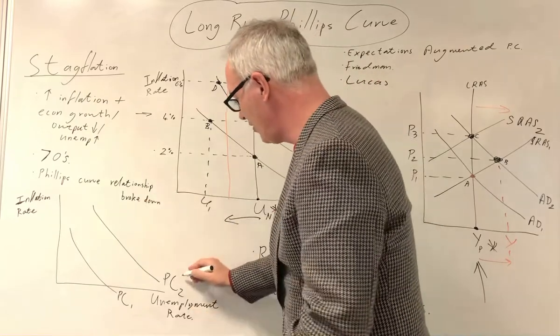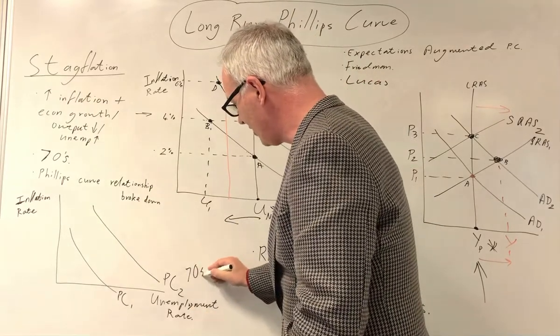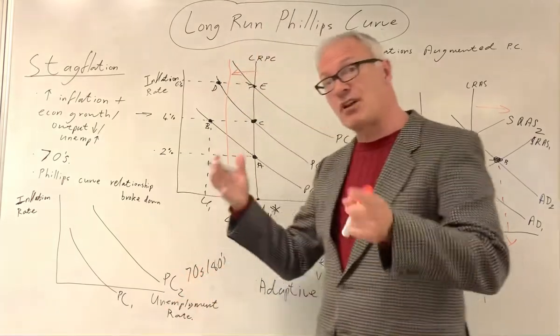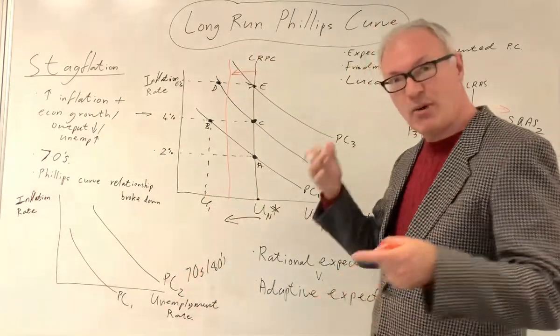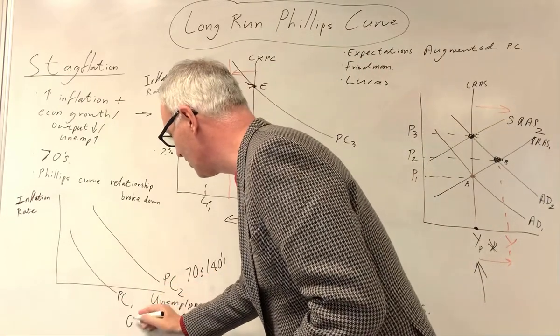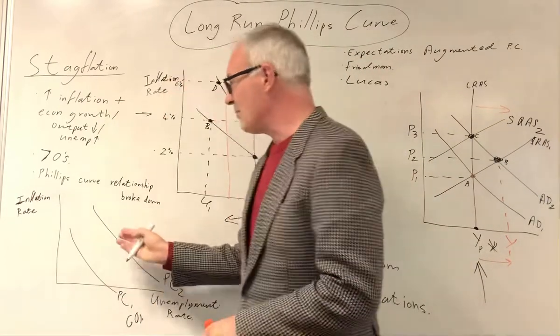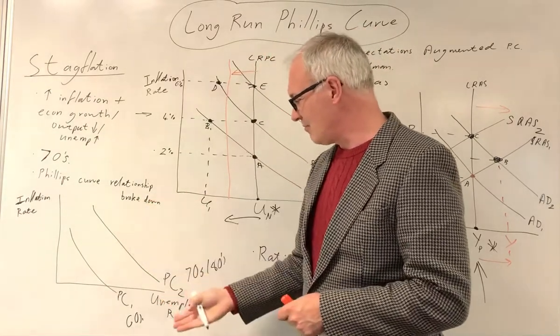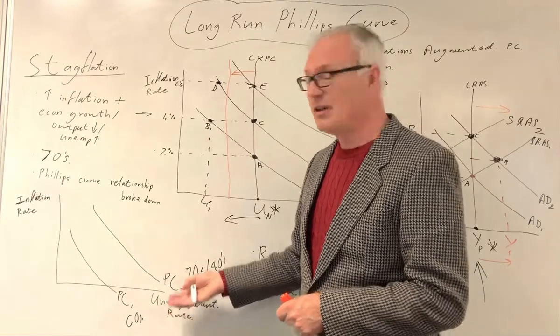So PC2 could correspond to the 70s into the 80s when we did have a problem with inflation in a country like Britain and other Western rich countries. PC1 might refer to the 60s. And so all that happens is still a trade-off between inflation and unemployment, just a high rate of inflation and a high rate of unemployment.